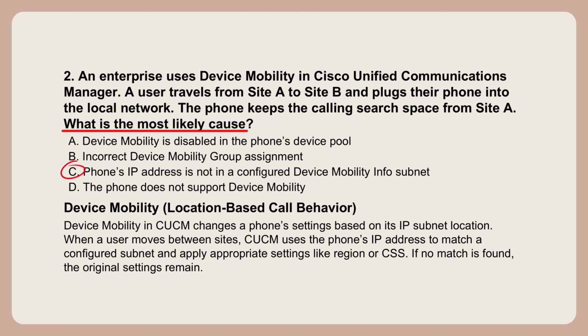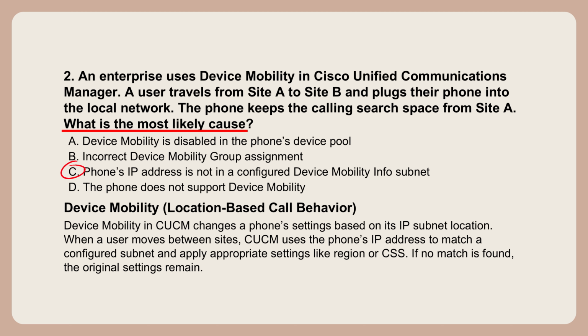Okay, C it is. So let's break that down. Why is that specific IP subnet configuration so vital for device mobility? Well, CUCM figures out where a phone is based primarily on its IP address. Makes sense. So you set up these device mobility info subnets in CUCM. You're essentially telling it, okay, IPs in this range belong to Site A, IPs in that range belong to Site B. Like a location directory based on IP.